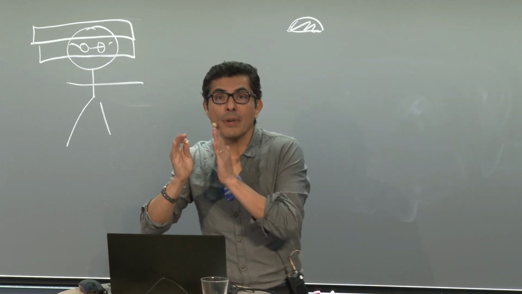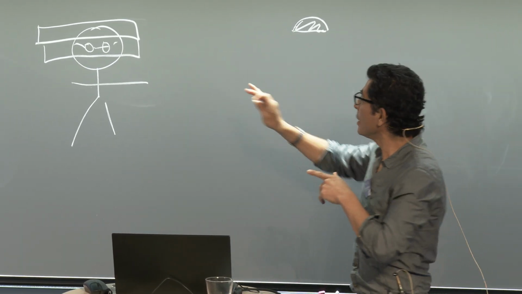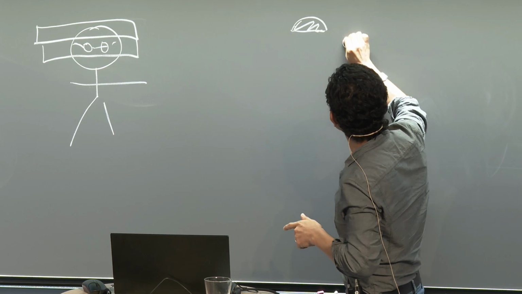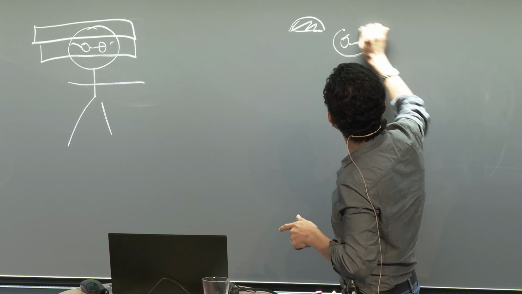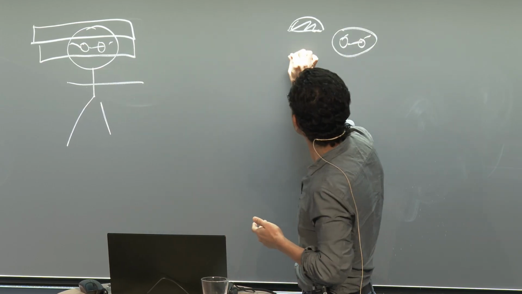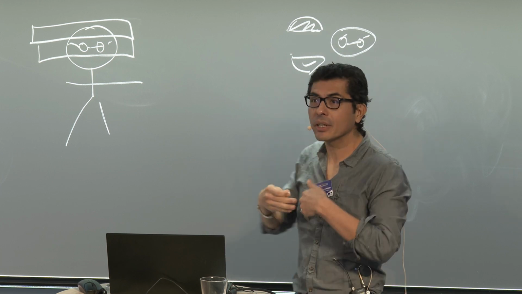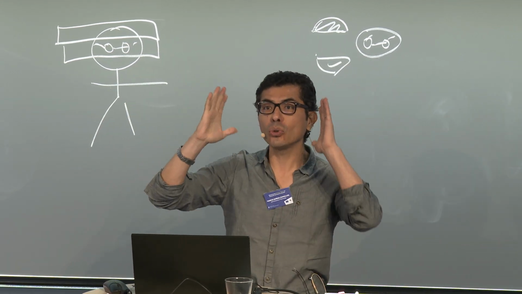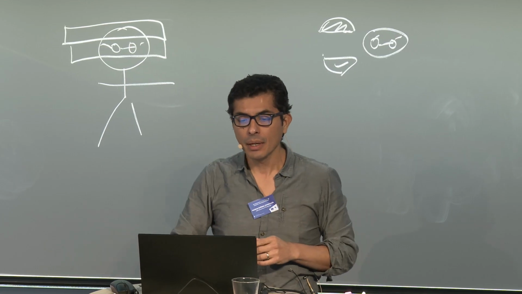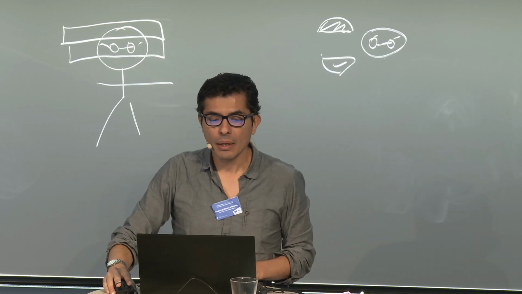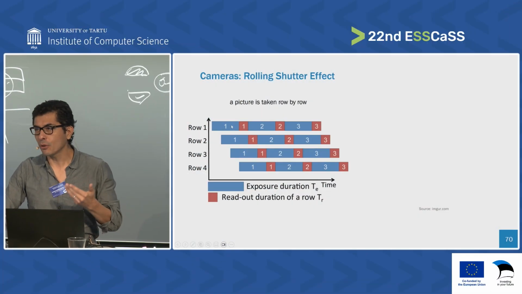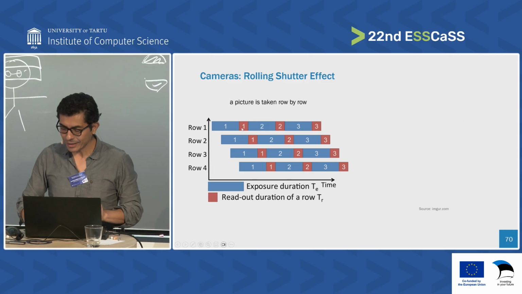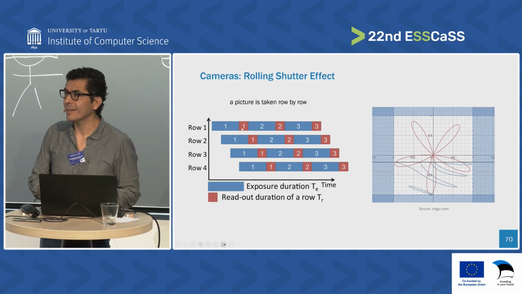But if I would do a very fast movement, then this part would appear here. And if I would move back, then my mouth will appear here, and so on and so forth. So with the rolling shutter effect, the camera does not open all the pixels at the same time. It opens row by row, gets the information, and then it stores it. That's the basic idea, and that's why you have that effect.